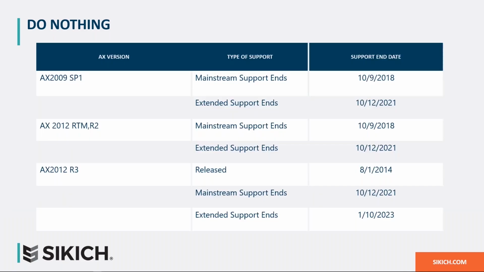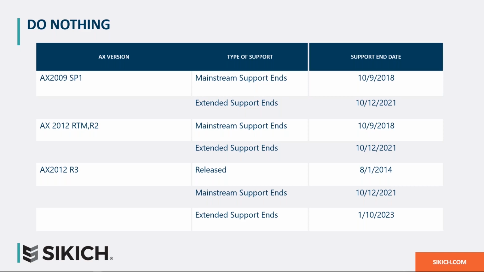So AX 2009 Service Pack 1, we're not even going to look at RTM. It is not supported at all. So AX 2009 Service Pack 1, mainstream support finished in 2018. And you'll notice that for RTM and R2, for AX 2012, the mainstream support also ended on 9th of October 2018.